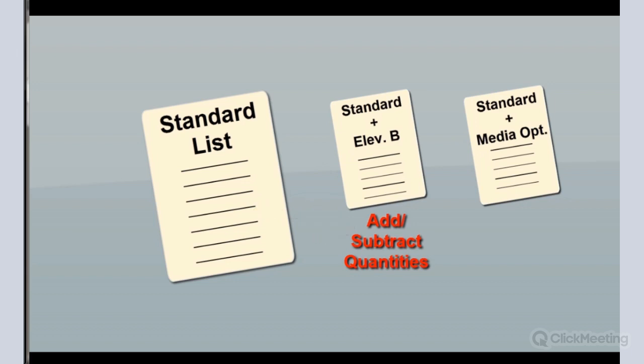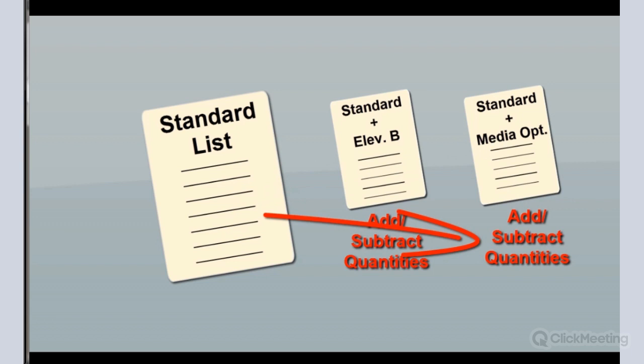Or again, with the media room option, I can compare the media room option list back to the standard list and say, okay, what do I need to add and subtract in order to get to the media room option? And so you can imagine, even with 4 or 5 or 6 or 7 different options, you'd be able to say, these are what I need to add and subtract in order to achieve that.